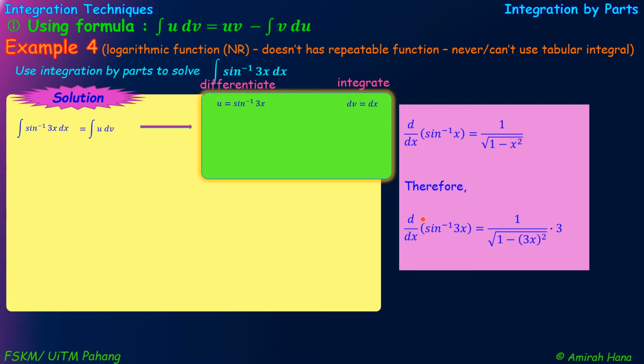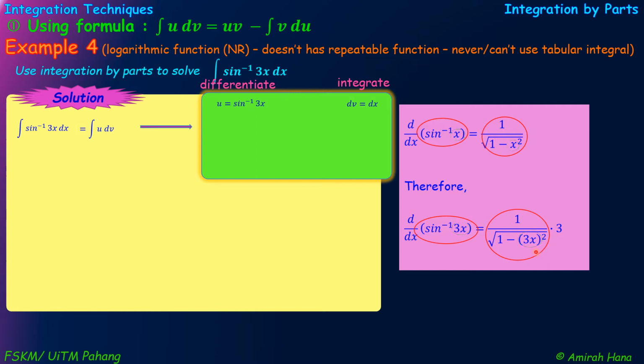So the derivative of inverse sine 3x equals 1 over square root of 1 minus (3x) squared times 3. First, we refer to this formula, but we replace x by 3x.